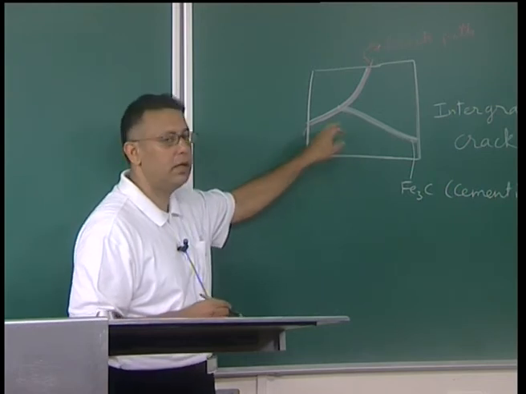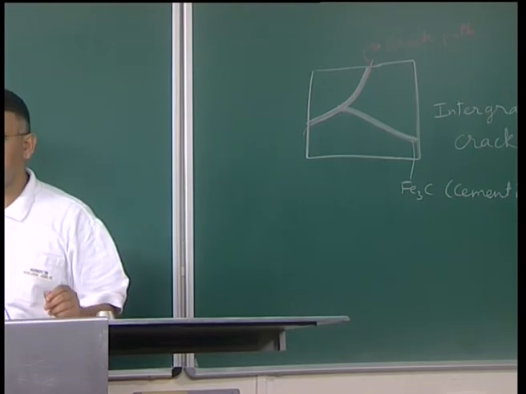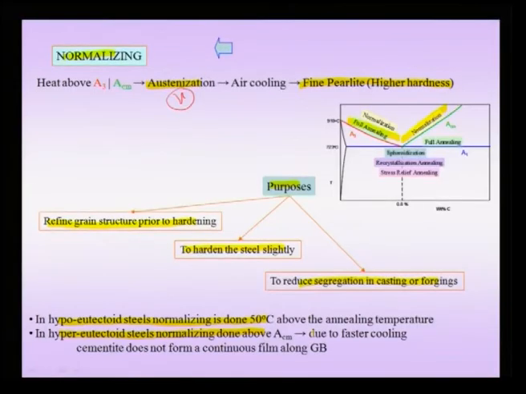Why is this continuous network not a problem? The reason is that we are cooling very fast in normalizing, unlike in the annealing process, and this fast cooling avoids a continuous network of film along the grain boundaries. Therefore, in the normalization process, which involves faster cooling, we can actually heat above ACM before we start our cooling.